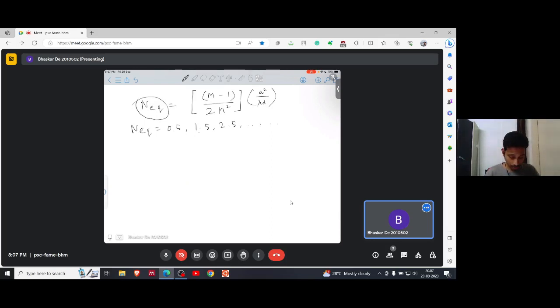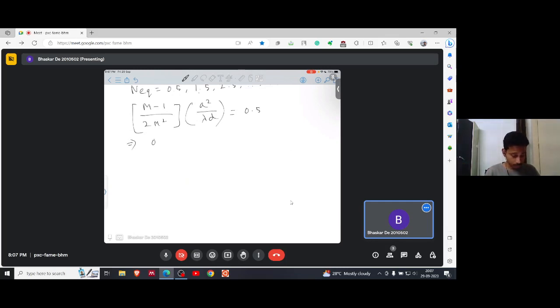Then we have M minus 1 by 2M squared, so it is 5 minus 1 by 2 into 5 squared, times a squared by lambda d, equal to 0.5.